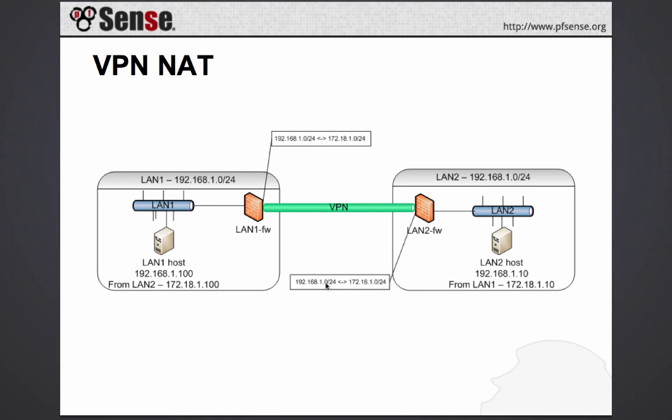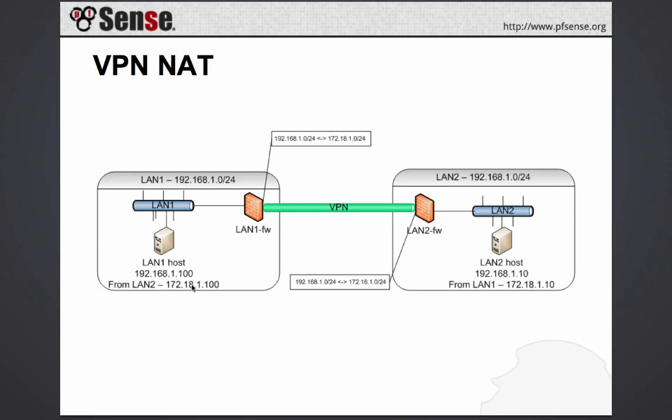Whenever it does a translation on a one-to-one basis between subnets like that, it just changes the first 3 octets of the address. So the real IP over here is still 192.168.1.10, but the translation is such that it shows up as a different address for the opposite side.